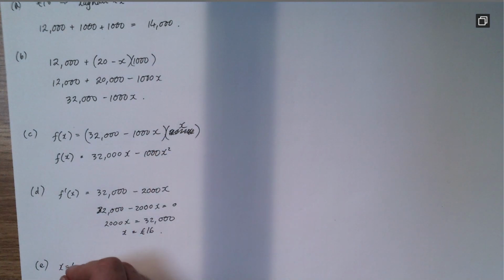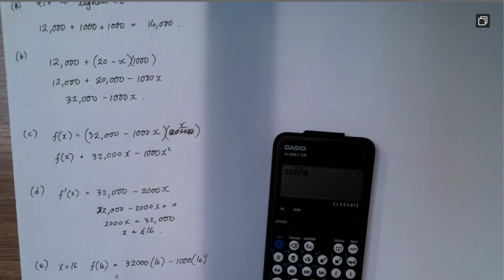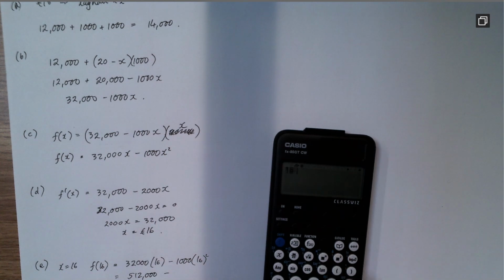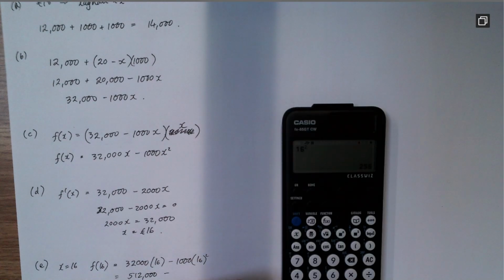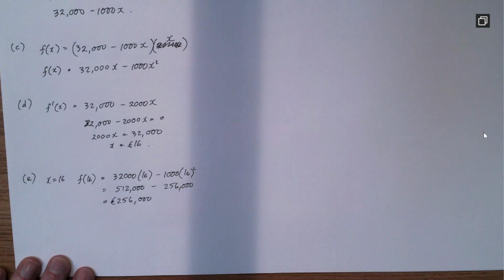So we just substitute into the formula. x equals 16, so f of 16 equals 32,000 times 16 minus 1,000 times 16 squared. That's 512,000 minus 256,000, which is €256,000. That's your expected income.